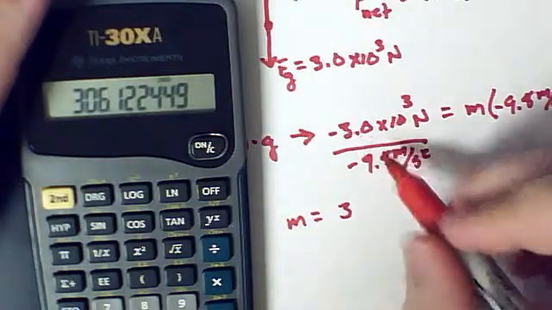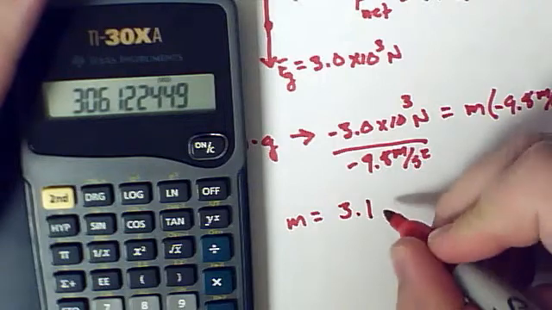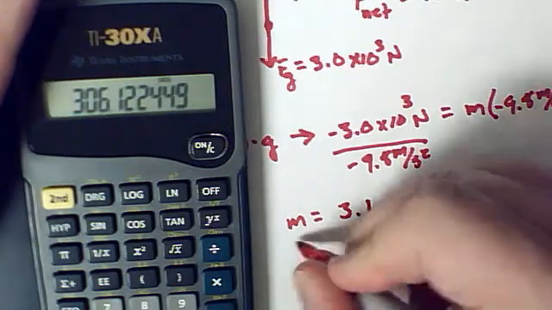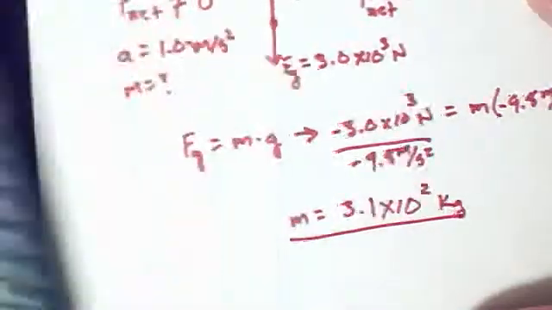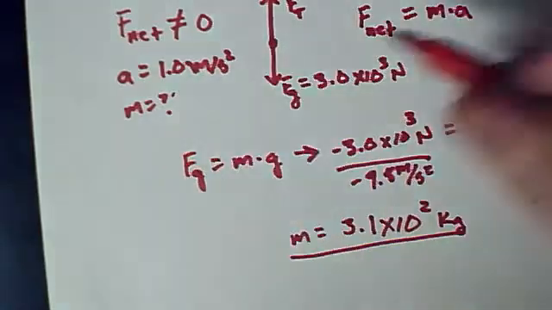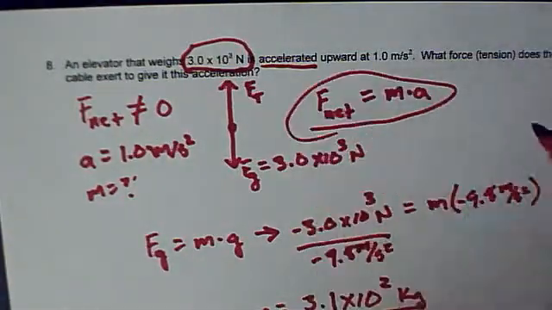Now I have two sig figs, and so I'm going to have 3.1 times 10 to the 2 kilograms. So that's my mass.